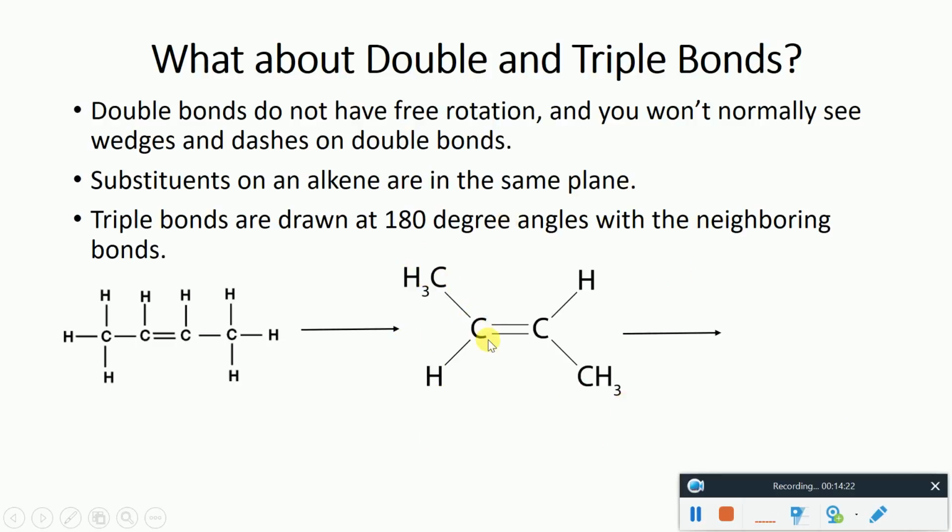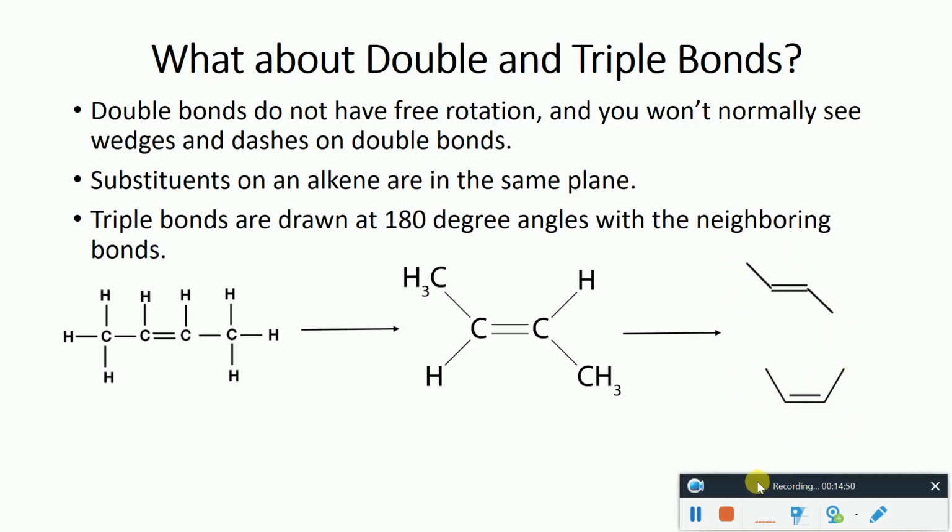You could have this conformation where the two bigger groups here are trans from each other, and they're on different sides of the double bond, and that's denoted here with a line and bond drawing, or they could be on the same side. So this is just two conformations, and they are two different molecules.